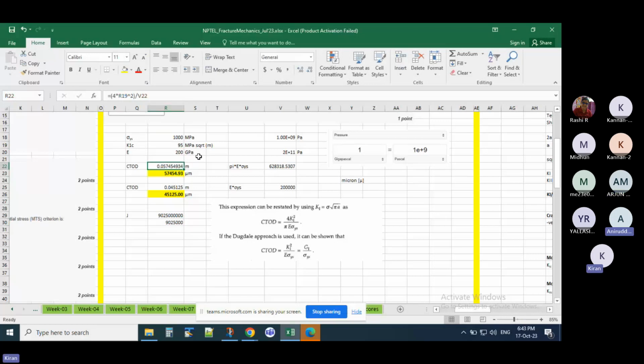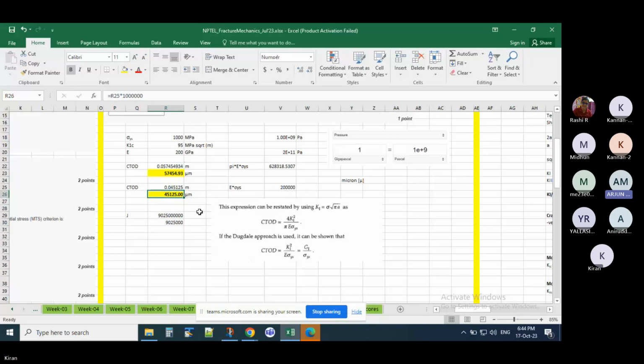That unit conversion. Then it will be squared, so it will become power 12. I think the unit conversion was wrong. But if you look at these answers, it matches yours, no? In micrometers, it will be 57.45.